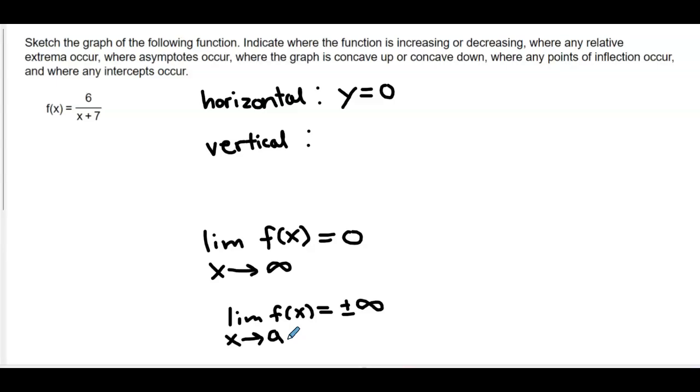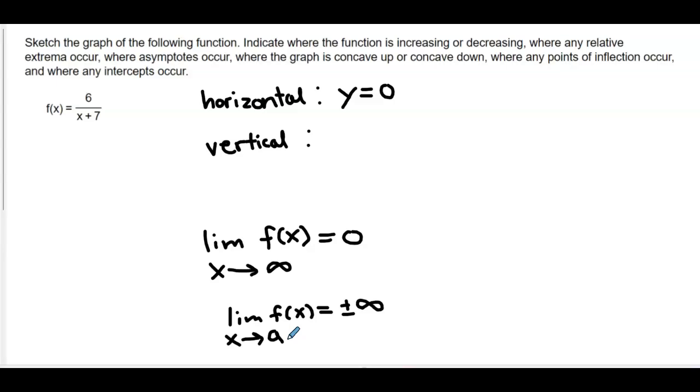And the easiest way to think about this is, well, we've got a denominator, and if we divide a value by something that gets closer and closer to 0, then the associated quotient is just going to get either infinitely positive or infinitely negative.